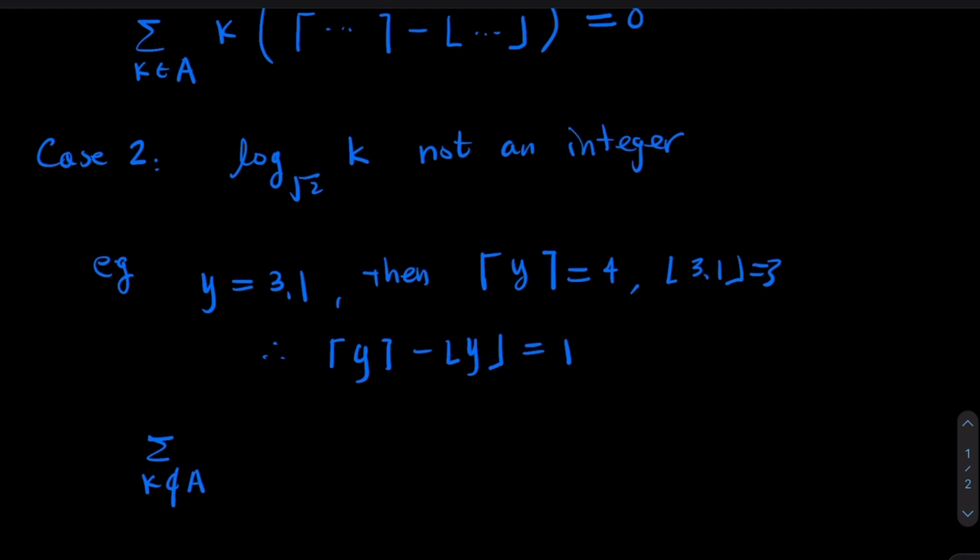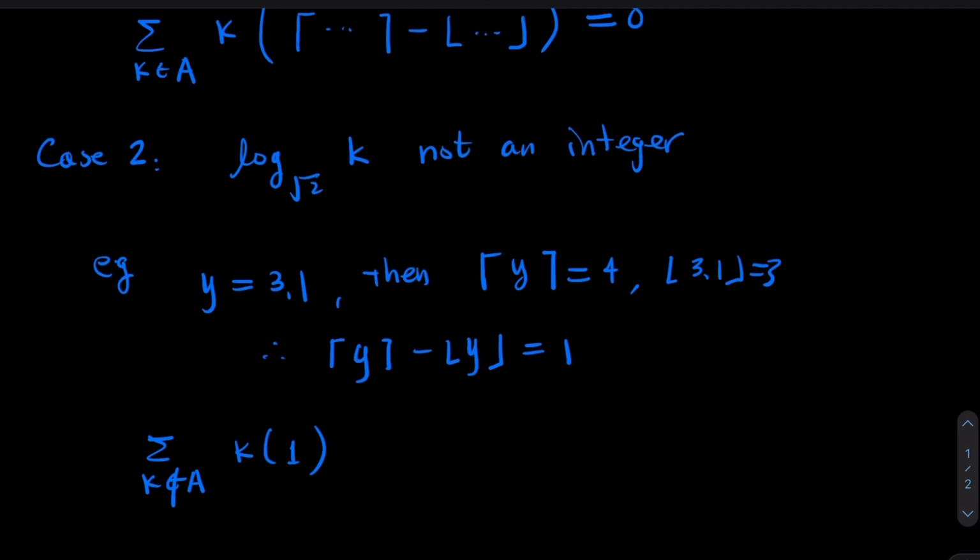Now that we know this, let's actually write the summation. This will be the sum of k that is not in A, because remember our set A is when it is an integer. The sum of all the k that is not in A of k times 1. It's 1, remember, because as we discussed, the ceiling minus the floor will be equal to 1.